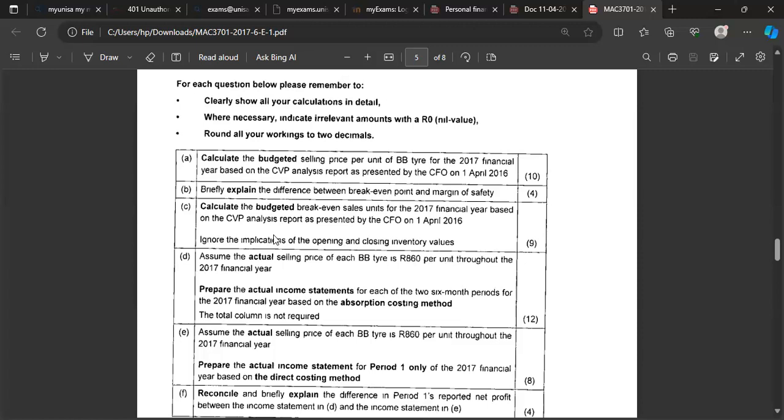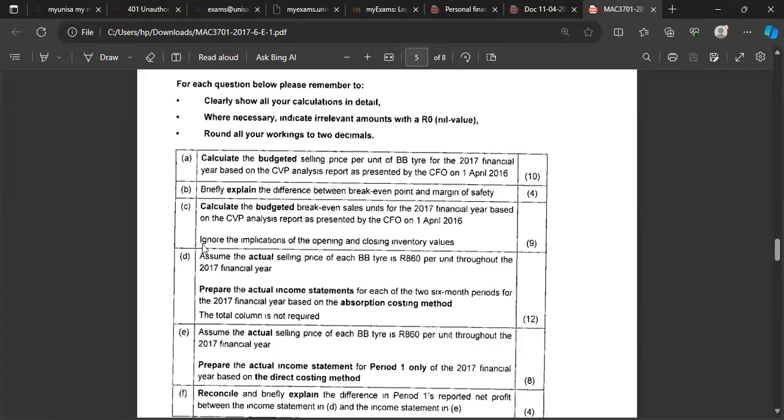Right, and then calculate the budgeted break-even sales units for the 2017 financial year based on the CVP analysis report as presented by the CFO in April 2016.